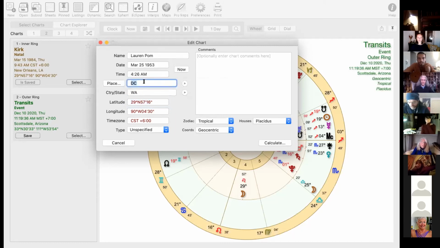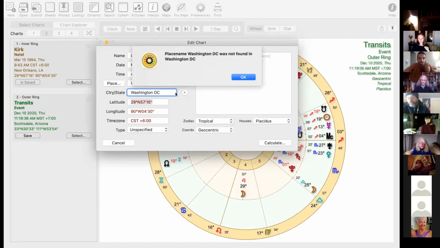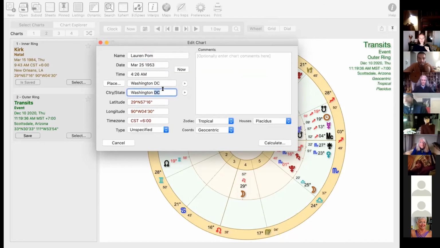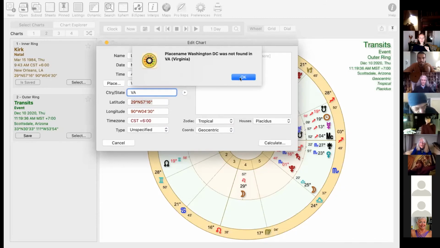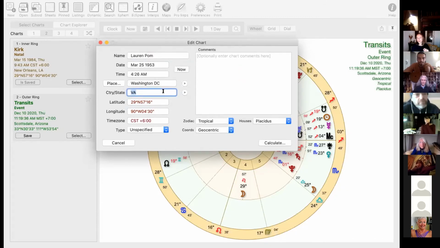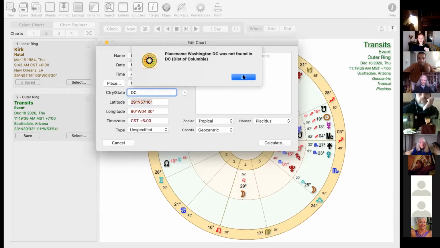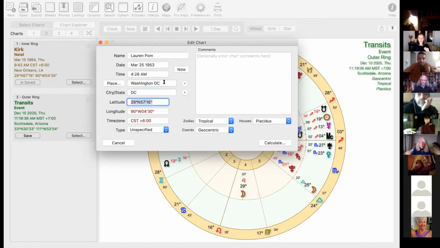You have to put Washington, D.C. for the city-state. Yeah, like that. And then it's Washington, District of Columbia, but it should come forward. Okay, what if I put Virginia? No, I'm not in Virginia. No, you put D.C. there, where it says city-state. That's District of Columbia. And remove the D.C. from the Washington, as it's confusing the system. Okay, thank you.